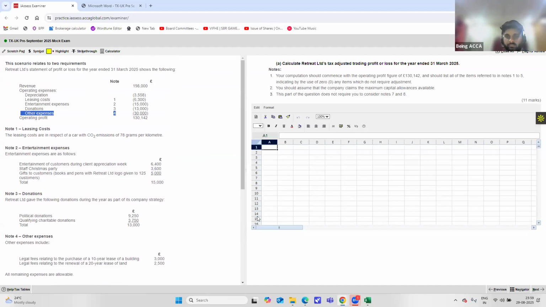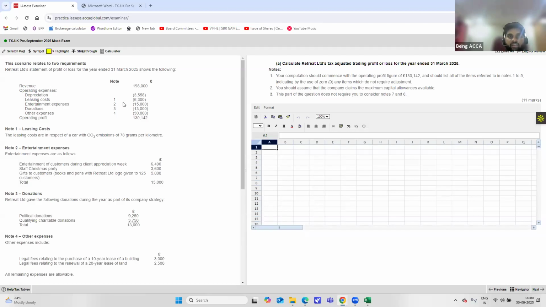Correct? Yes, any gains that have been included should be deducted. And any property income should also be deducted because it should be shown separately. Clear? So depreciation should be added back because it's a non-cash expense. Straight up, you do not have to think about anything there.